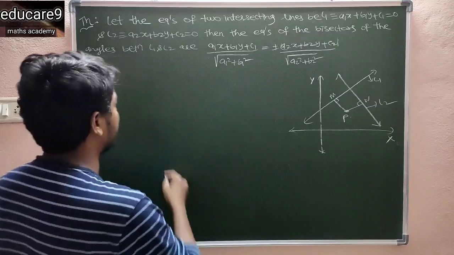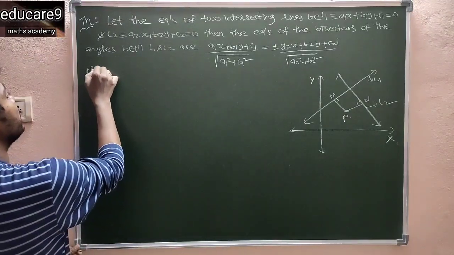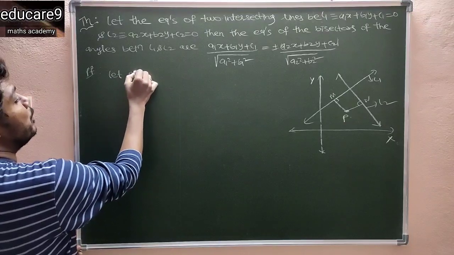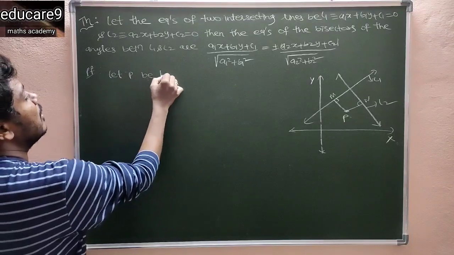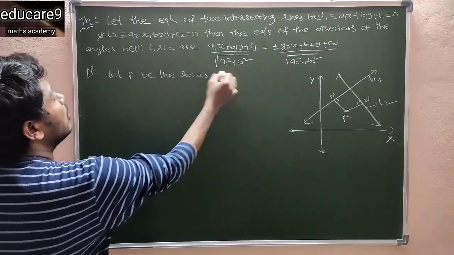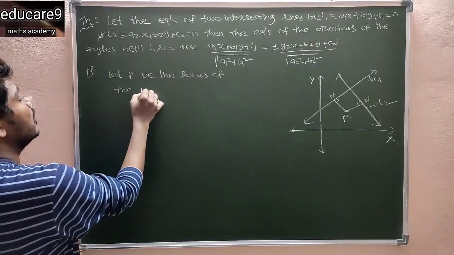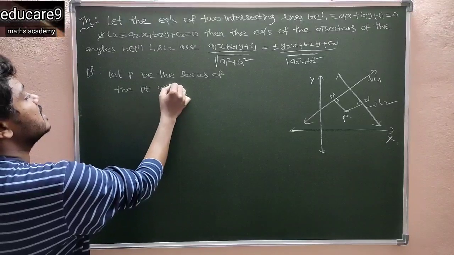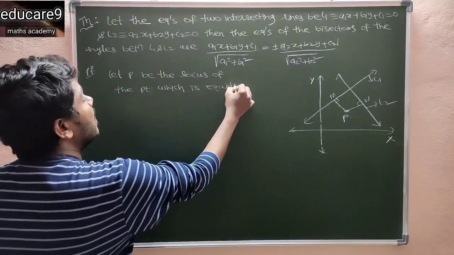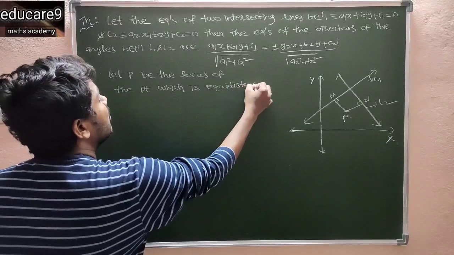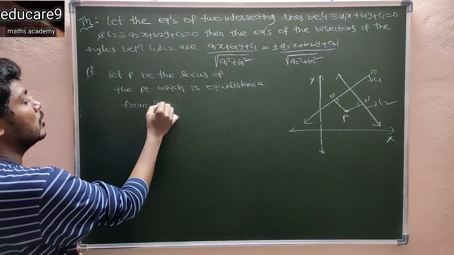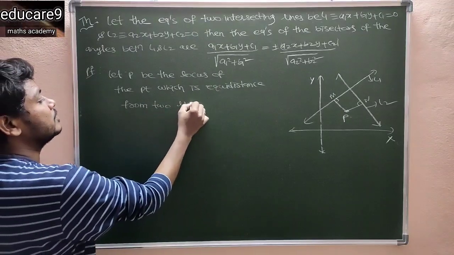Here is the proof. Let P be the locus of the point which is equidistant from the two lines.